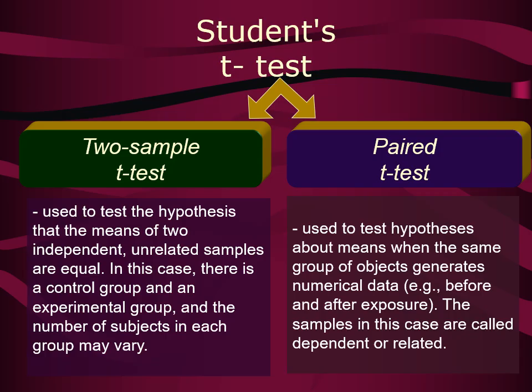These are the so-called paired criteria for dependent, related samples. That is, when the same group participates in an experiment, before exposure and after exposure, a slightly different formula is used to find the Student criterion.